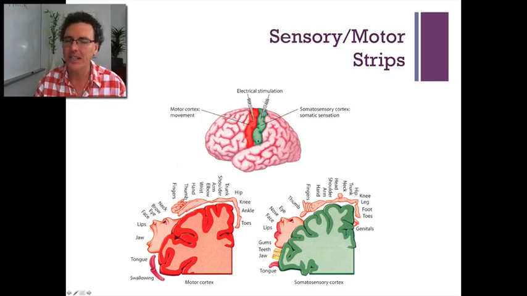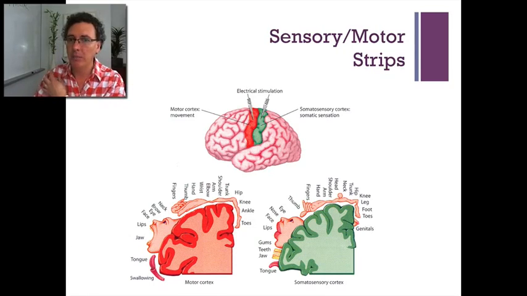And again, as I said, what it's doing is receiving input from the body. And in fact, you can find out exactly what part of the body relates to what part of this cortex by measuring electrical activity. So you can literally, and of course they typically did this in animal brains initially, put probes in the brain and then you can stimulate parts of the body.